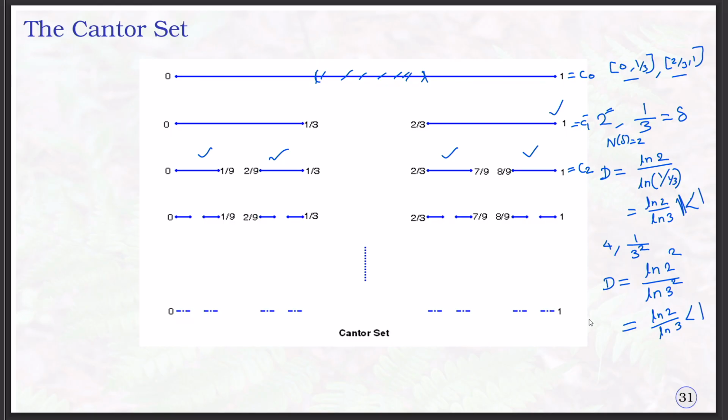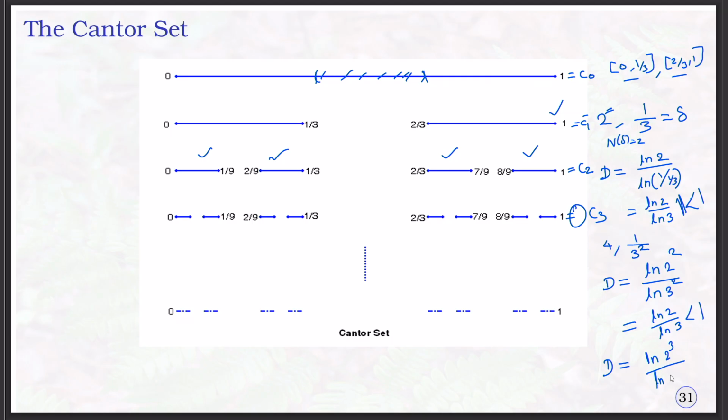If we continue this process, in the third iteration, C3, we get 2 power 3 intervals of length (1/3) power 3.